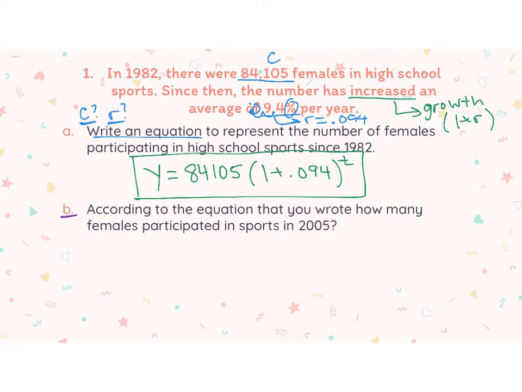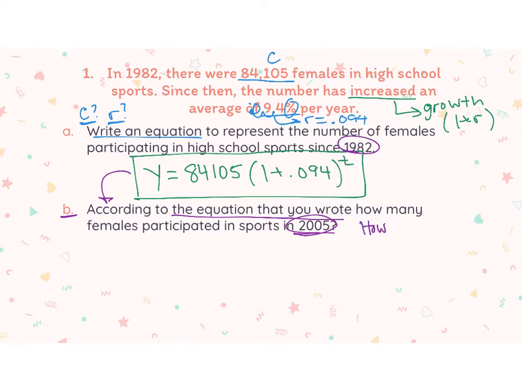Part B asks me, according to the equation that you wrote, so we're going to take this equation and use it down here, how many females participated in sports in 2005? So what I need to do, I can't just take 2005 and plug it in for T. That's not what's happening here. What's happening here is how much time has passed from 1982 to 2005.